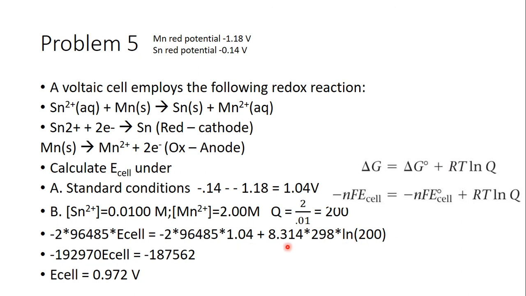When we solve this equation, we get a big number multiplied by E cell equals another big number. Get E cell alone, and we find E cell is 0.972 volts.